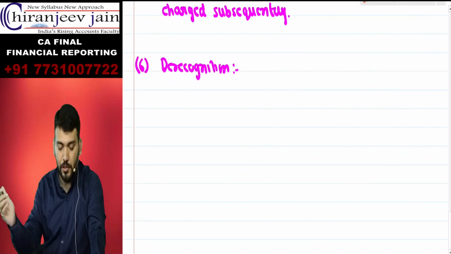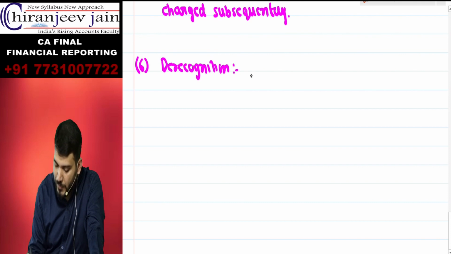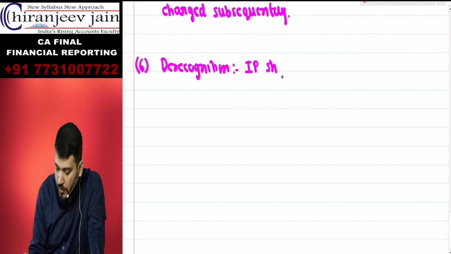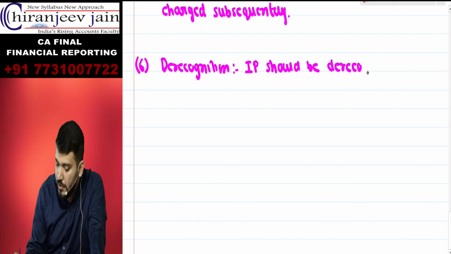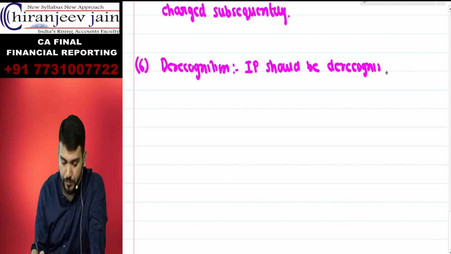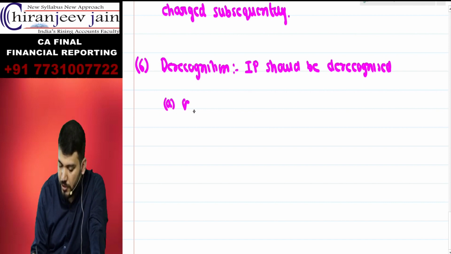Okay? So write derecognition. Investment property should be derecognized when? Derecognized when? Point number A, on disposal.